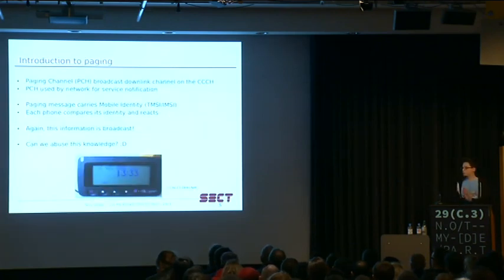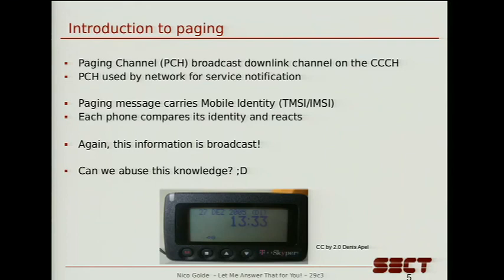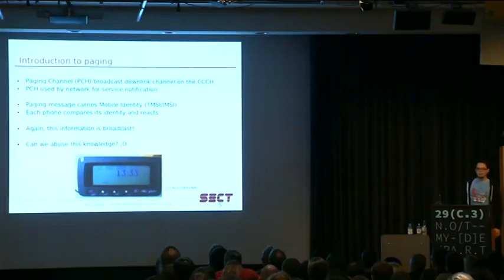This talk is all about paging, so I think it makes sense to introduce what paging actually is. In GSM, paging is mostly a procedure which allows the network to notify a subscriber that there's an incoming service. By service, I mean just a phone call or text message. In GSM terms, there is a paging channel, which is a broadcast channel transmitted on the downlink, which is monitored by all phones.